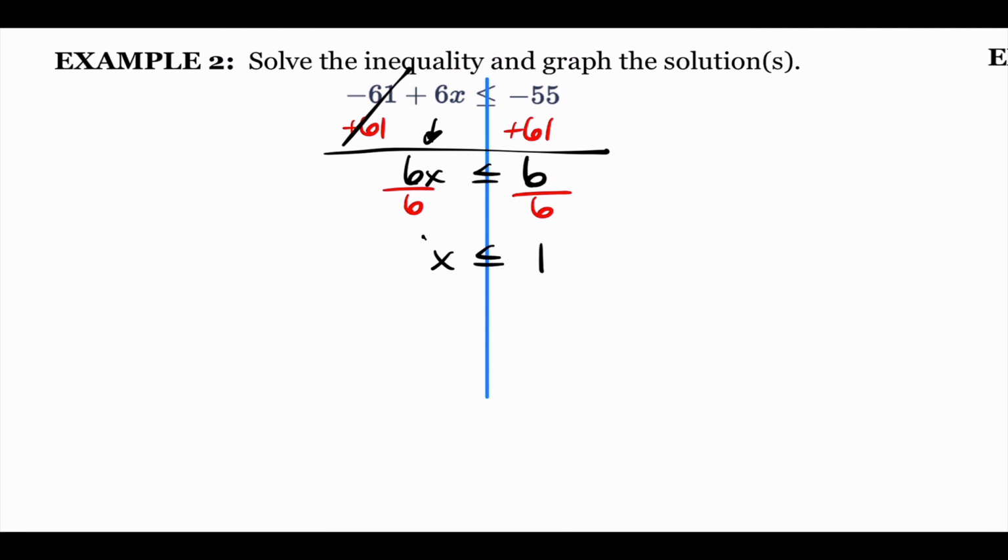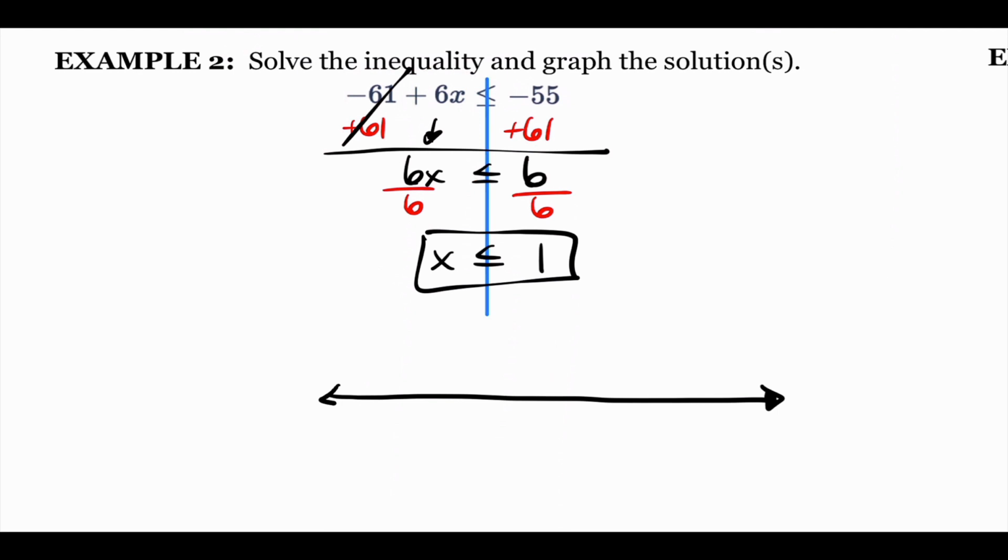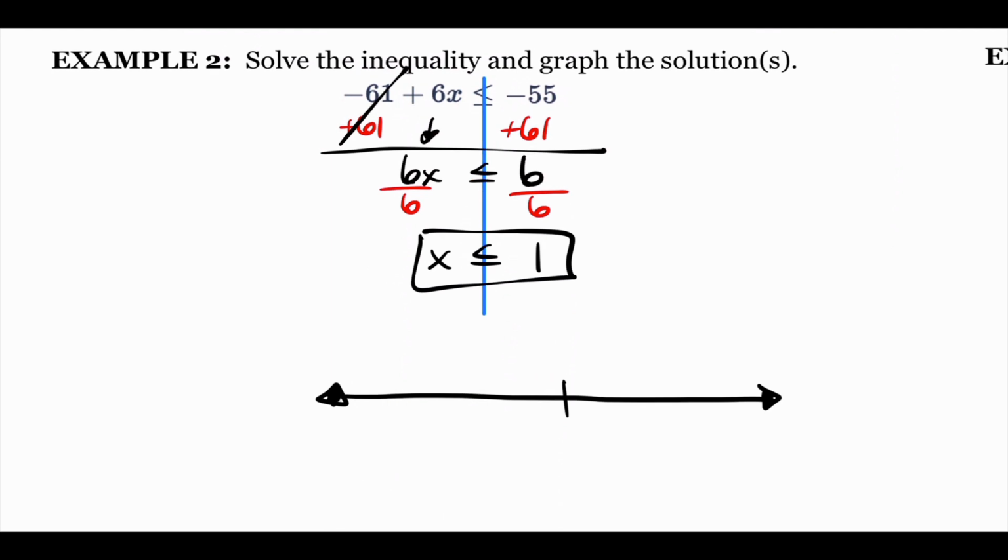So let me draw my graph now. When you're drawing your own graph, you don't have to number it like I did the last one. The reason I numbered it that way is because they gave me a graph. But if I draw my own graph, this is what I need to see. First thing I need to see is the number, which is 1. Where is 0? To the left or to the right? Just to the left, right? Give me one number that's bigger than 1. 2.